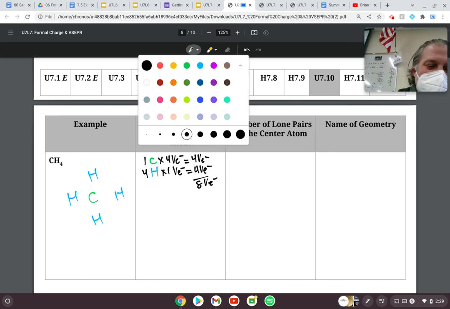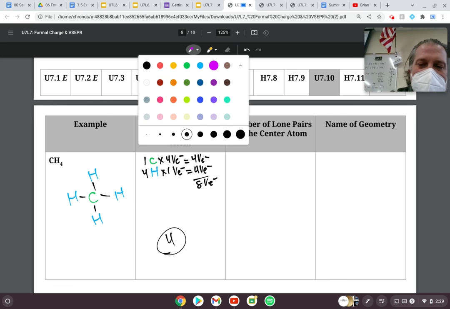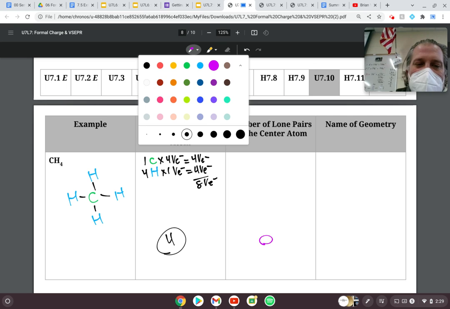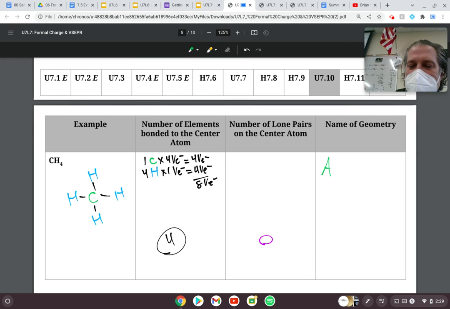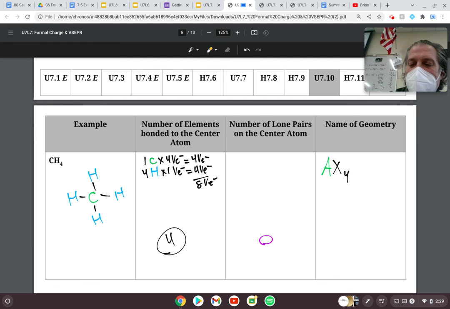And I've got 8, so it's going to be 2, 4, 6, 8. Number of elements bonded to the central atom would be 4. Number of unshared or lone pairs on the central atom would be 0. And so this one is going to be simply referred to as an AX4.